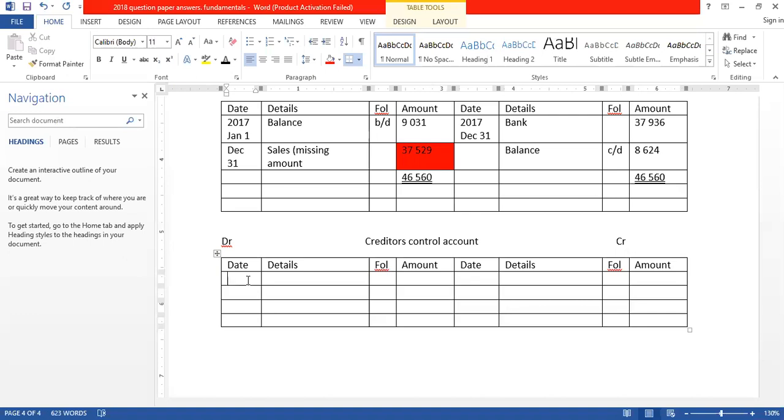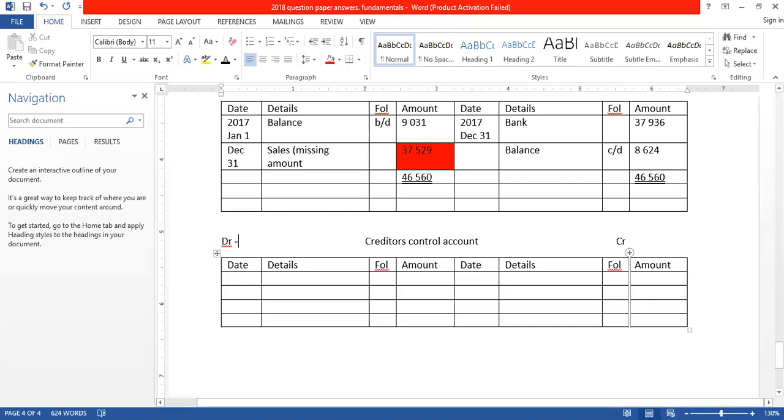So a creditors control account, because it's a liability, is a liability type of account. It decreases on the debit side and increases on the credit side. Now let's record info, meaning that all transactions that increase our creditors, including the balance brought down of your creditors, are recorded on the credit side.